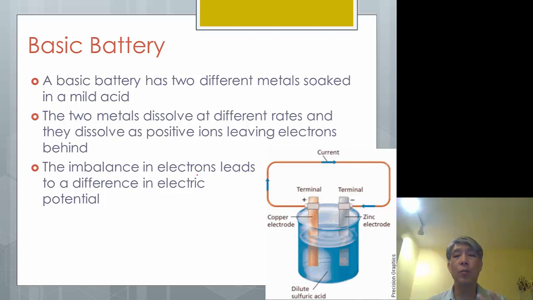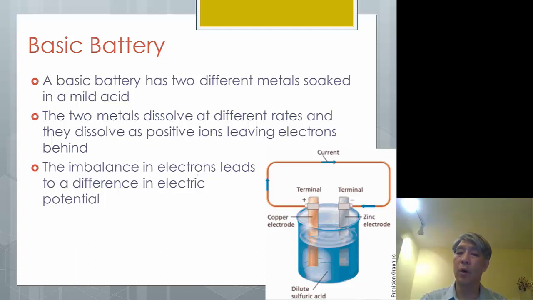Anyway, the 2 metals will basically dissolve at different rates, and as they dissolve, the positive ions go into the solution, but they leave electrons behind. That imbalance in the electrons leads to a difference in the electric potential between the copper electrode and the zinc electrode. The one with more electrons is more negative, that's the negative terminal.